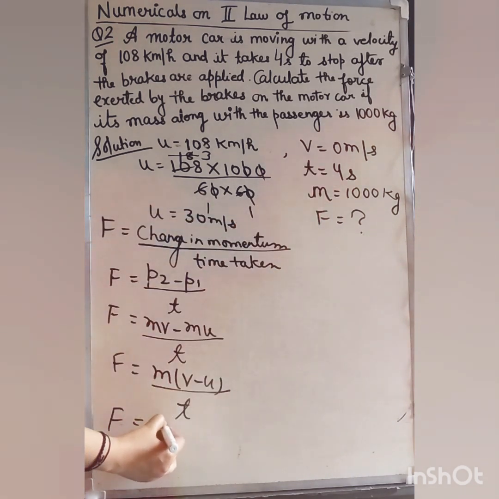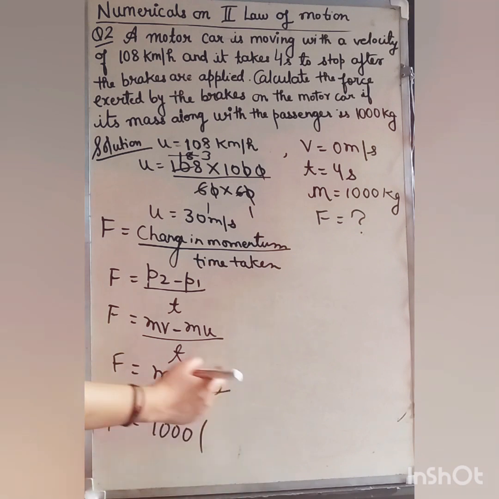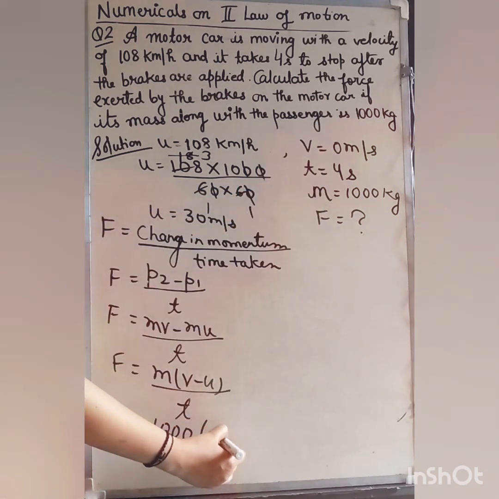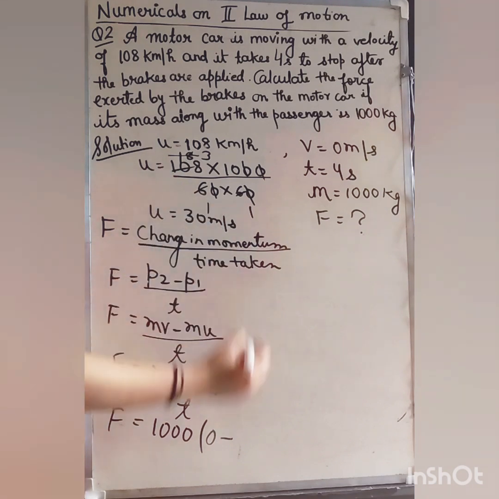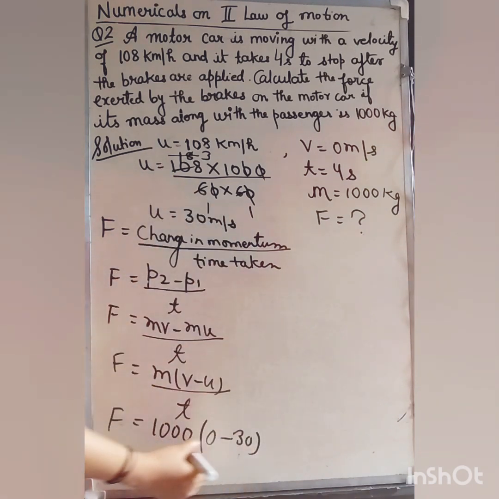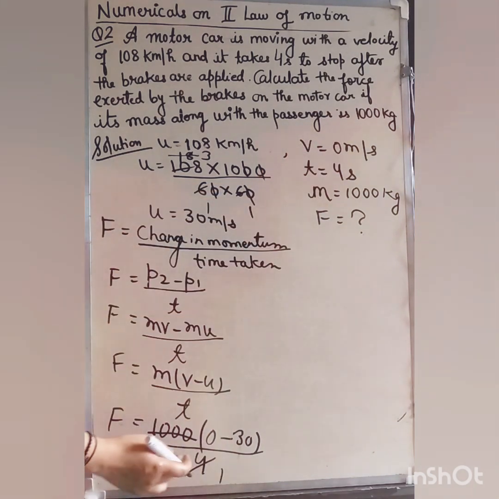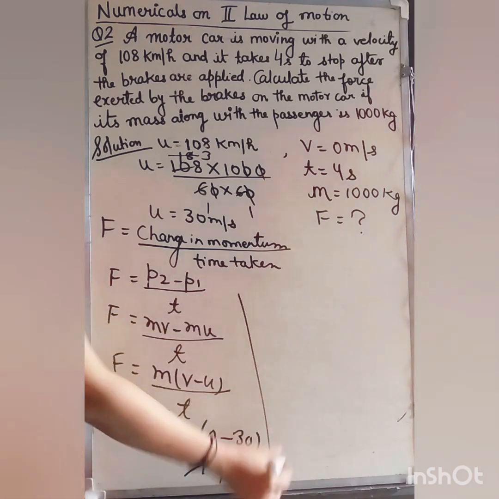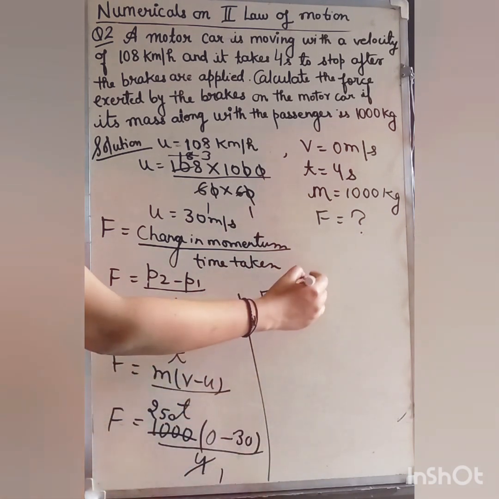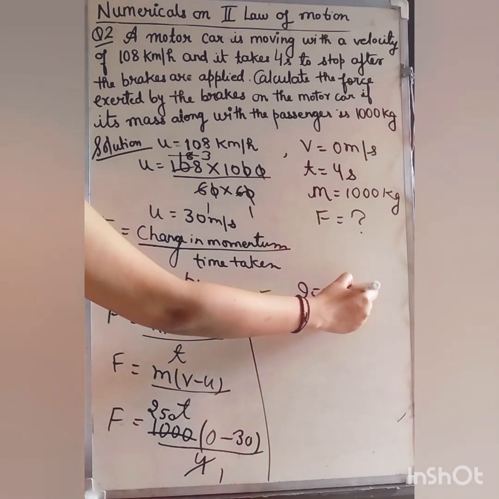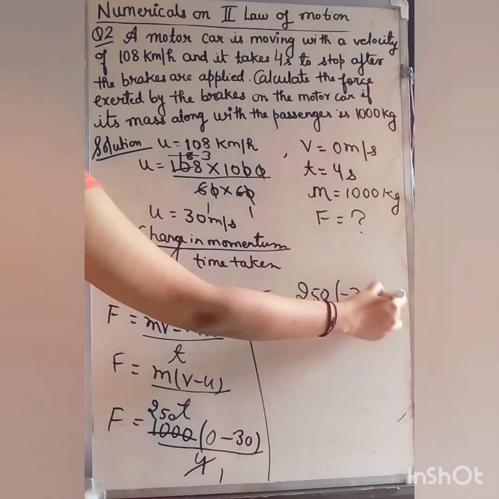Mass is given as 1000 kg. Final velocity is 0. Initial velocity is 30 meter per second and time taken is 4 seconds. Now 4 ones are 4 and 4 250s are 1000, so we get 250. Then 0 minus 30 is minus 30.